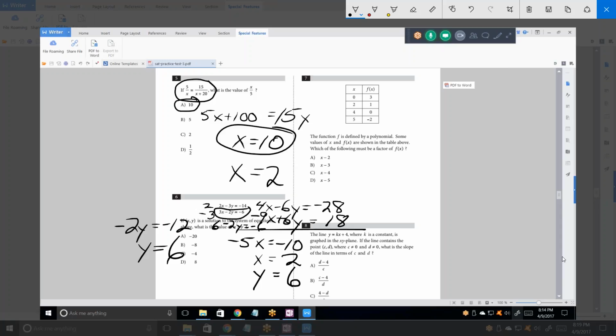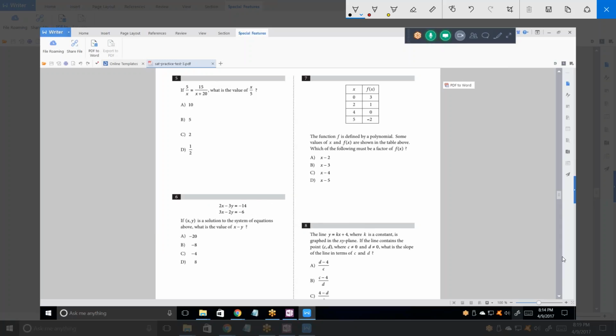Correct. Now, that's the hard way, and that way probably would take over a minute and a half. Let me show you. Notice what happens if I add these two equations.